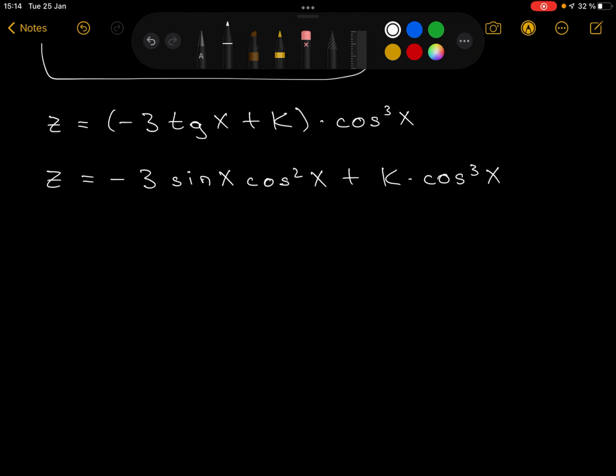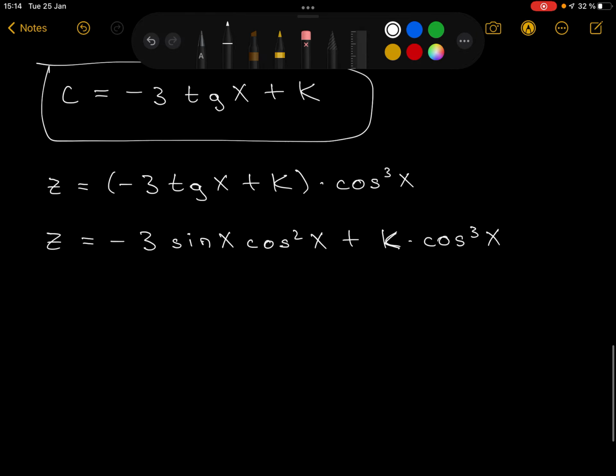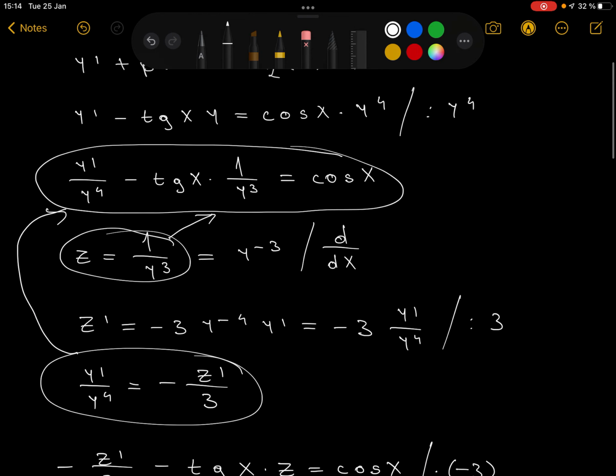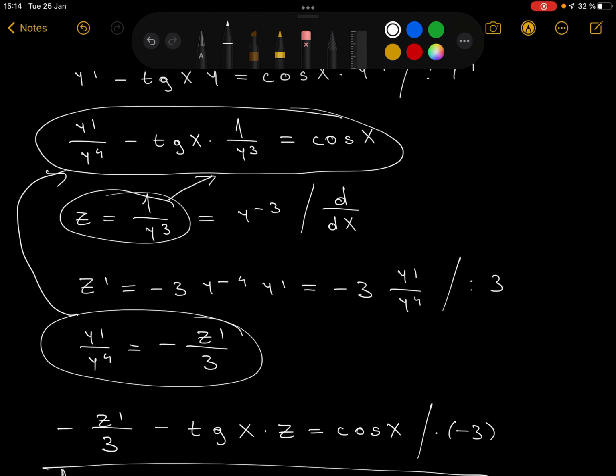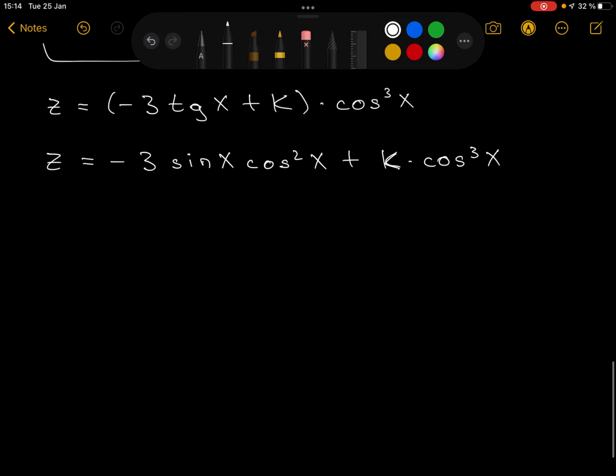So we've got our function of z in terms of x, but we want to find our function of y in terms of x. So when we look back at our original substitution, z is equal to 1 over y to the third power.